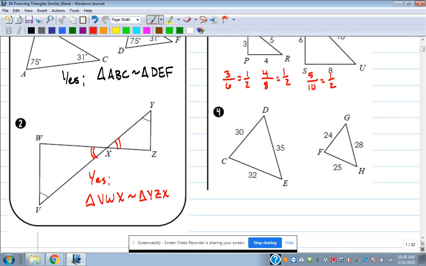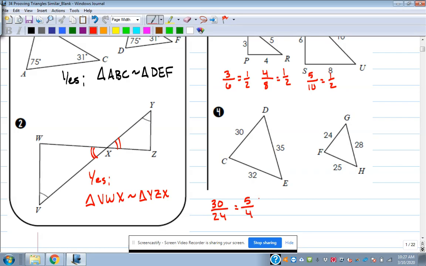Same idea. We've got triangle CDE, and does that correspond to triangle FGH or any other configuration of that? So I always start with the smallest side. The smallest side of this triangle is 30. So that should correspond to the smallest side of the other triangle, right? So it'd be 30 and 24. So 30 over 24 reduces to be what? 5 over 4.